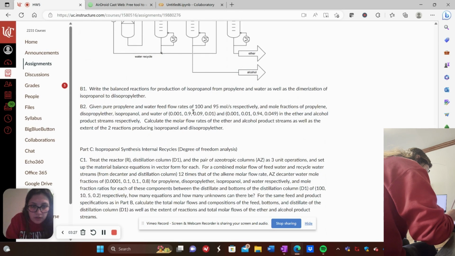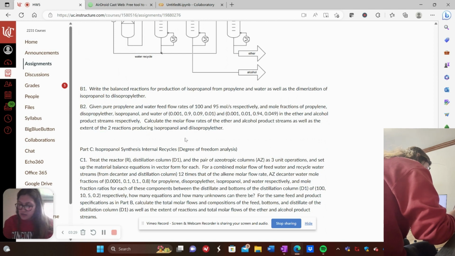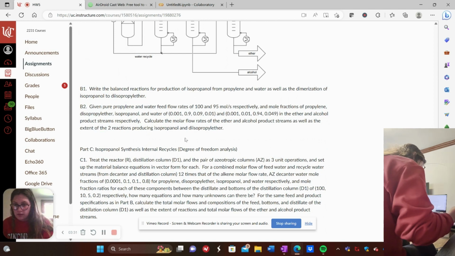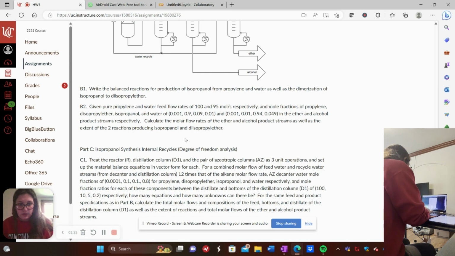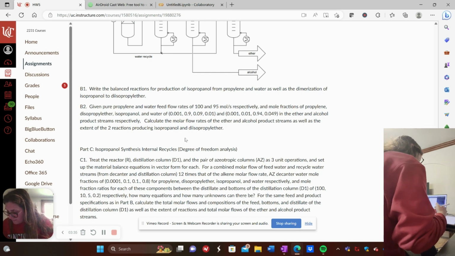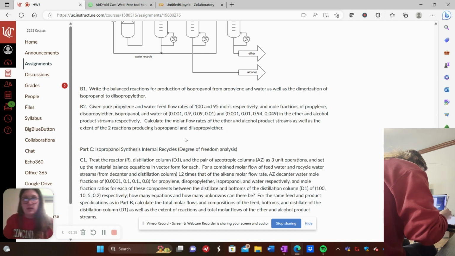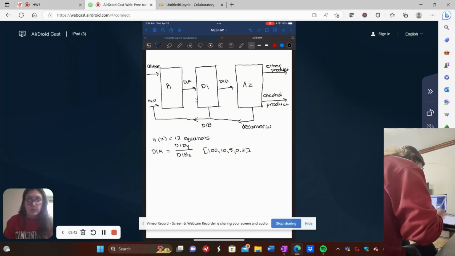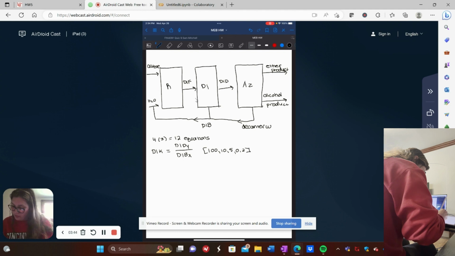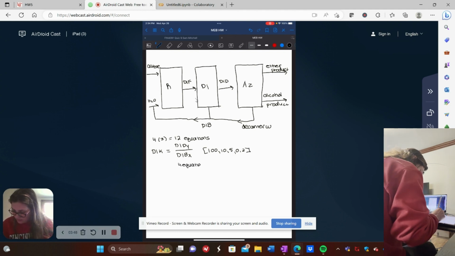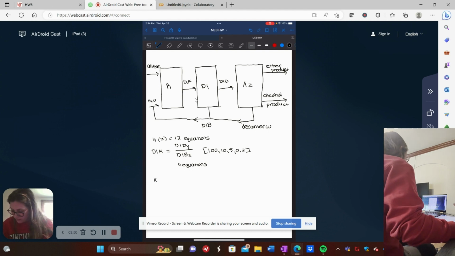So we know that this is going to be 100, 10, 5, and 0.2. But with that, we have another 4 equations, giving us a total of 16 equations.